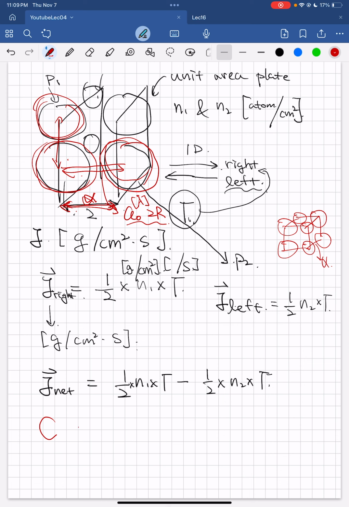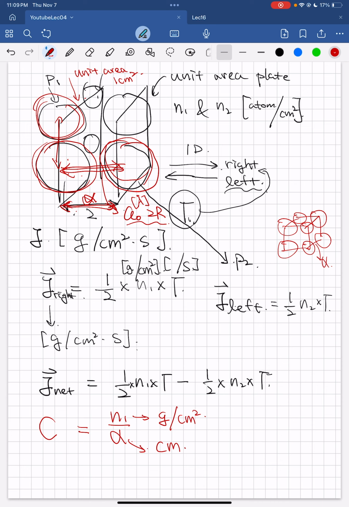So this is alpha. Then you can see that the concentration on plate 1 should be equal to N1 divided by alpha. N1 has a unit of gram per unit area, because I already told you that this plate has a unit area, meaning the area of this is 1 centimeter squared, and this is alpha, so this should have a unit of centimeter.